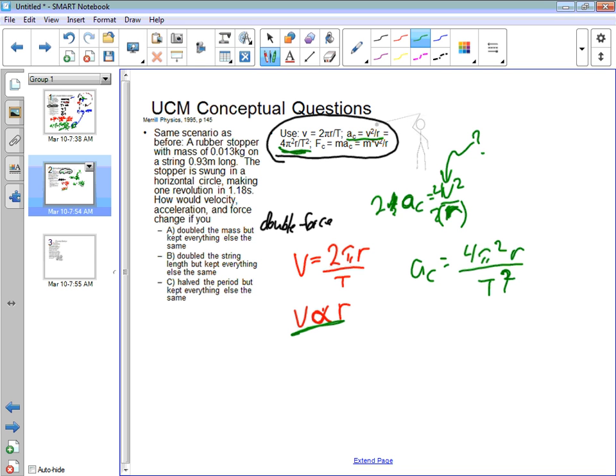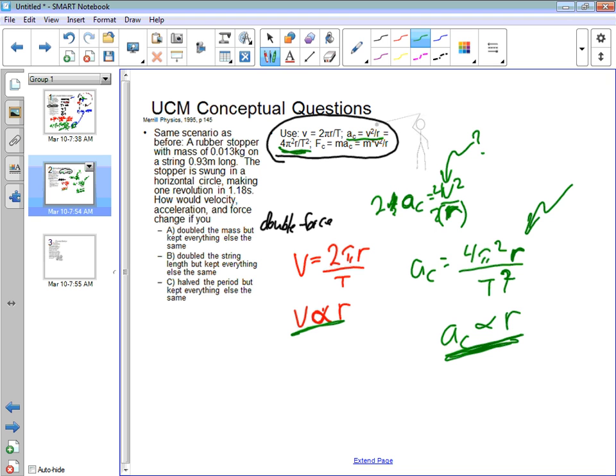There's only one r right here, and it's in the numerator, which means centripetal acceleration is proportional to r. So if I double the radius, then I've doubled the centripetal acceleration. Okay, is that making sense? It's a little bit easier when we talk in terms of the more fundamental equation. That's why I showed you the more fundamental equation.